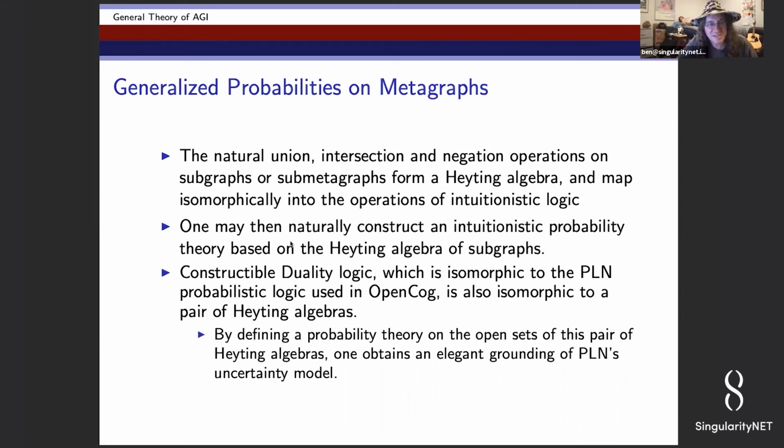So normal probability theory, like you probably learned about in school, comes from sets and set union and intersection, right? You have a sample space and you look at subsets of the sample space, and you can then define probabilities that work well with the Boolean algebra on the subsets of the sample space.